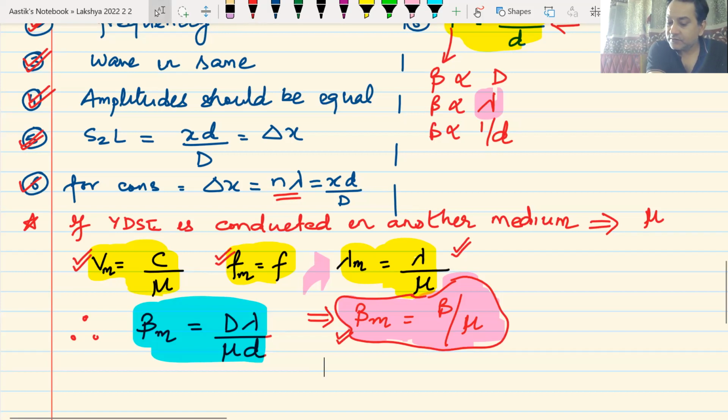What happens when a glass plate is inserted in front of any one slit? So that is the heading you will write. When a glass slab or a glass plate is inserted in front of any slit, you have two slits. If you insert a glass plate in front of any of the slits, what happens?